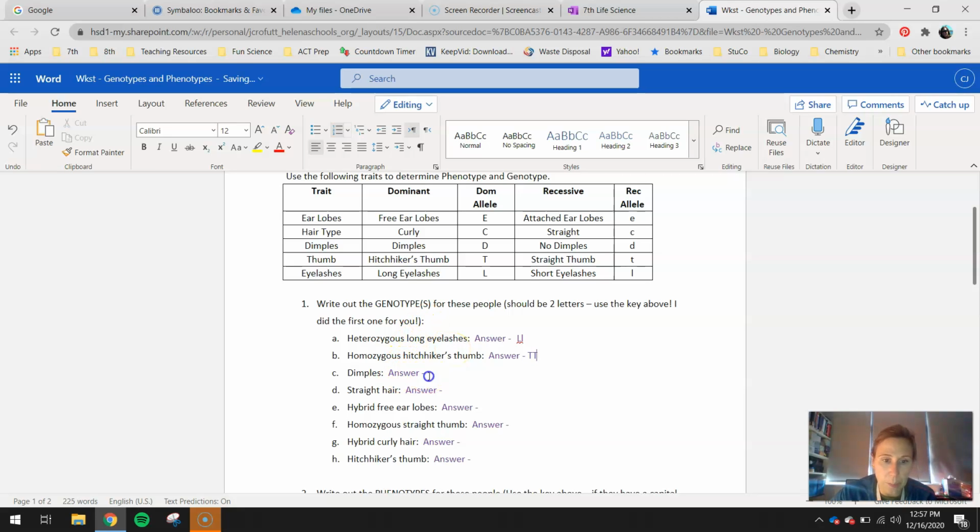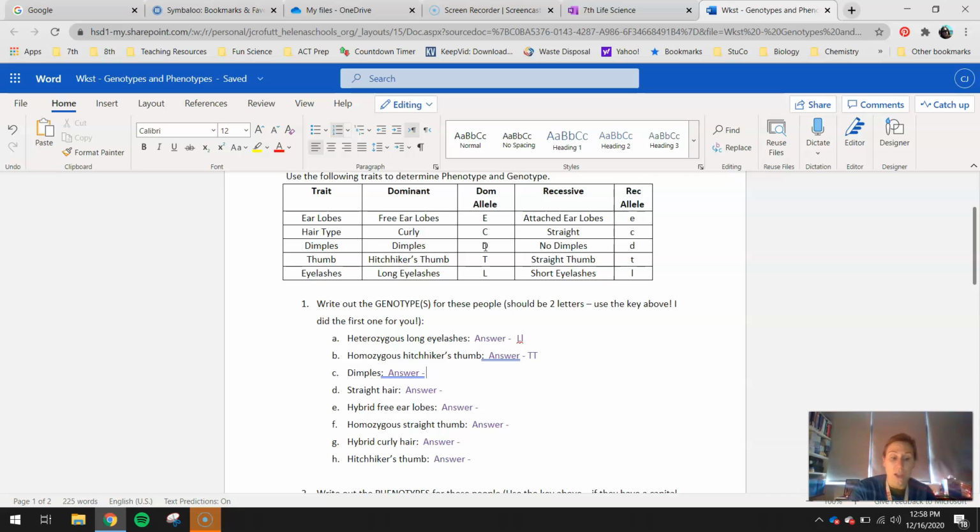Okay, I want to do dimples for you, and then I'm going to move on and give you a quick hint. Dimples is one of the tricky ones that has 2 answers. If we look up here, dimples is our dominant trait. So if an individual has dimples, we know it has at least 1 dominant allele, so at least 1 parent passed down that trait for dimples.